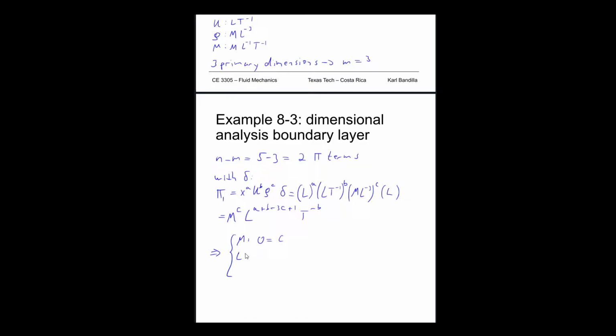For L, we get 0 is equal to a plus b minus 3c plus 1. And for T, we get 0 is equal to minus b.